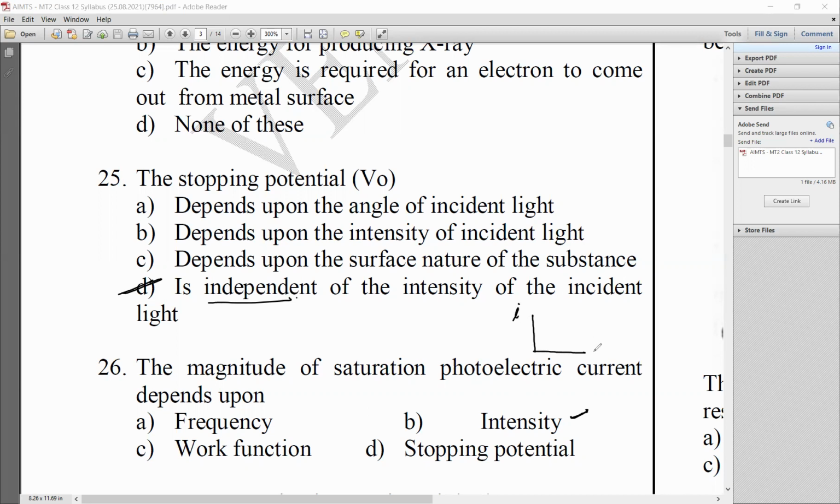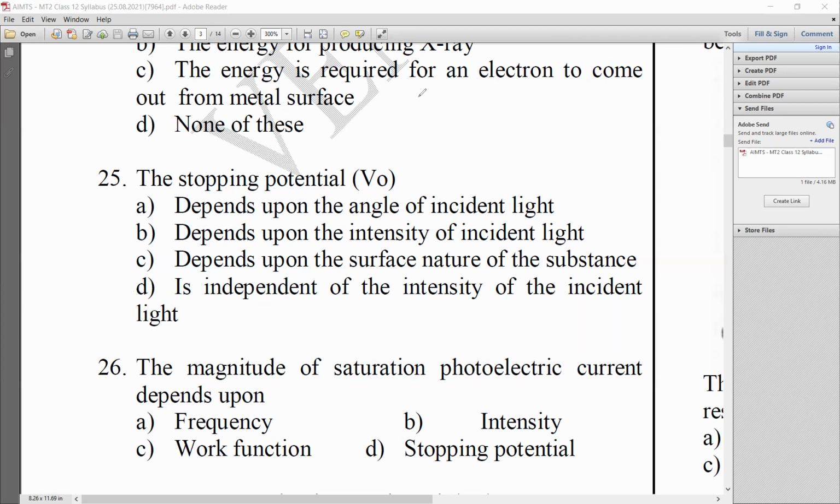Photoelectric current against voltage V: the saturation current is somewhat high for this intensity I. If I increase the intensity, the saturation current will also increase. So it depends on intensity. Here I2 is greater than I. Okay, this is question number 26.